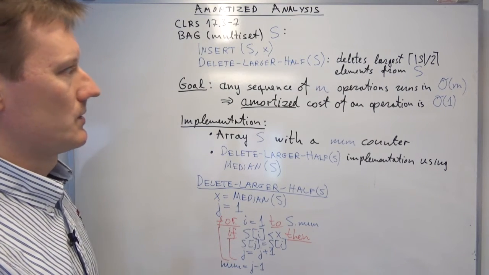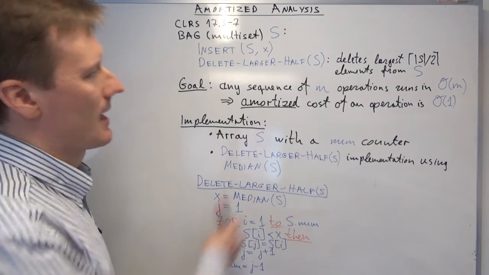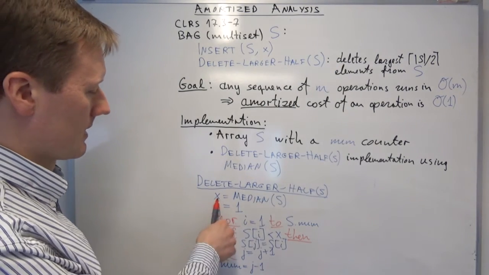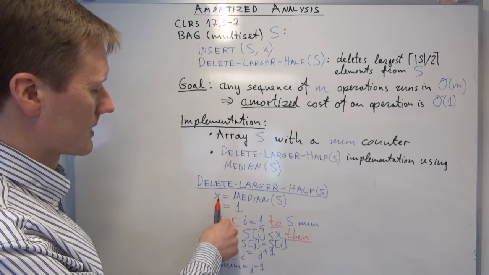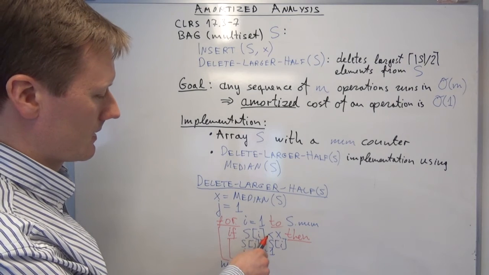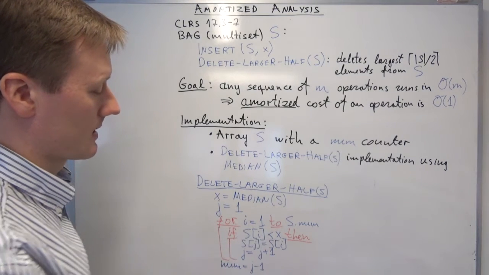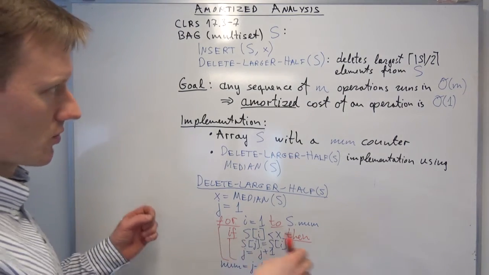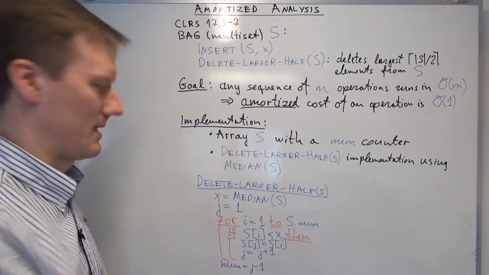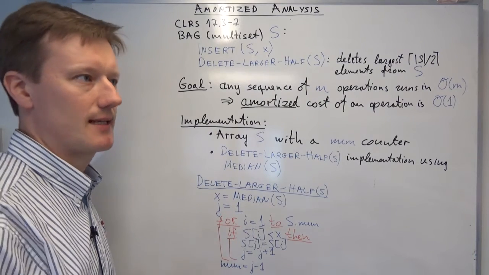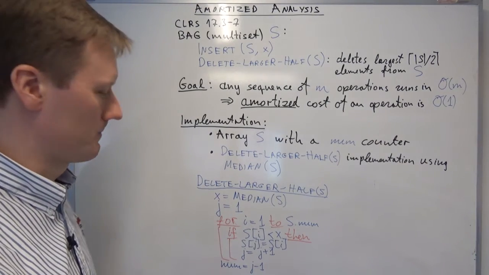You want to remove exactly half of the elements from the array, so it may be that you want to remove only some of the elements that are equal to x in addition to all the elements that are smaller than x, but only some of them, just enough so that exactly half of the elements remain. So then the pseudocode gets a little bit more complicated. You can find it in the solutions that are posted on the course Moodle page.